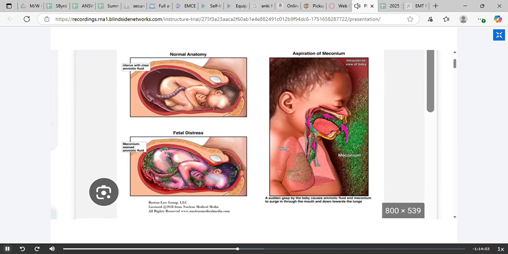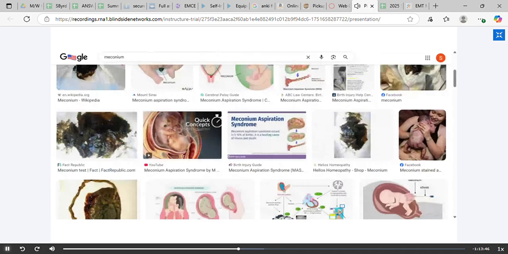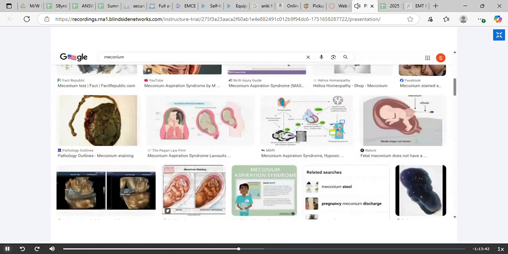Like maybe the kid gets stuck or something like that. It can come from multiple things. It can come from eclampsia, right? Preeclampsia and eclampsia, and multiple things. But if this kiddo comes out and they've got kind of this greenish stuff on them, then that's a problem.